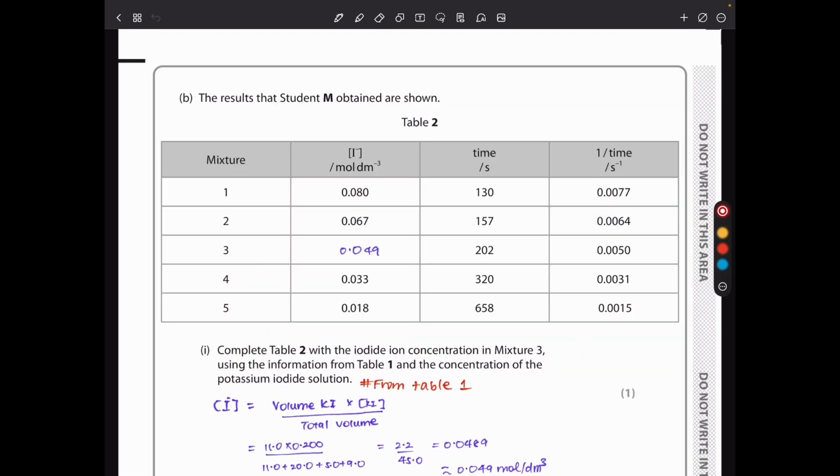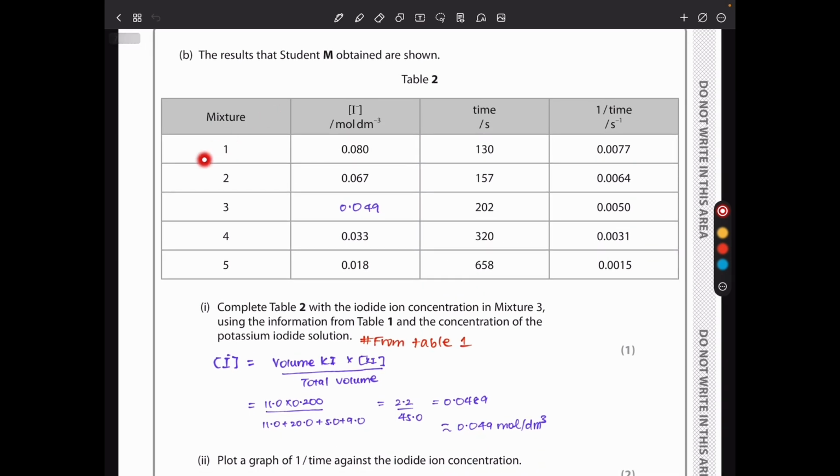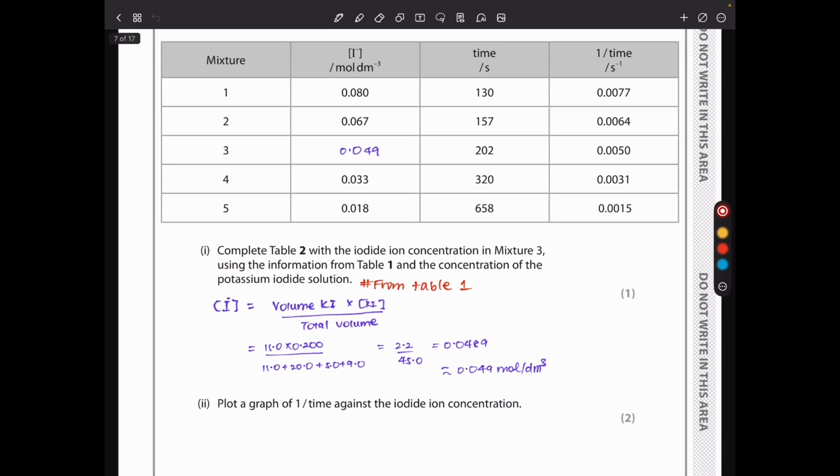Then in part B, the results that student M obtained are shown here. These are the results, corresponding concentrations, and so on. Complete table 2 with the iodide ion concentration in mixture 3, using the information in table 1 and the concentration of potassium iodide. So we're going to be working with this. Concentration of iodide is the volume of potassium iodide times the concentration of potassium iodide divided by the total volume.